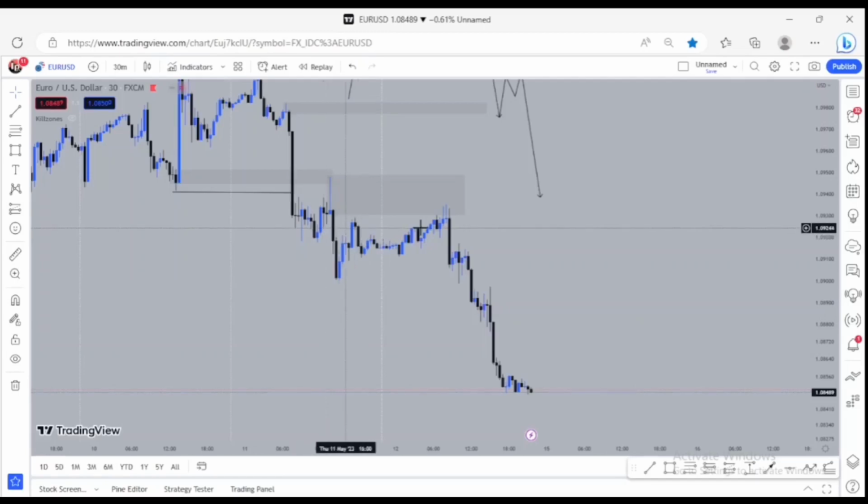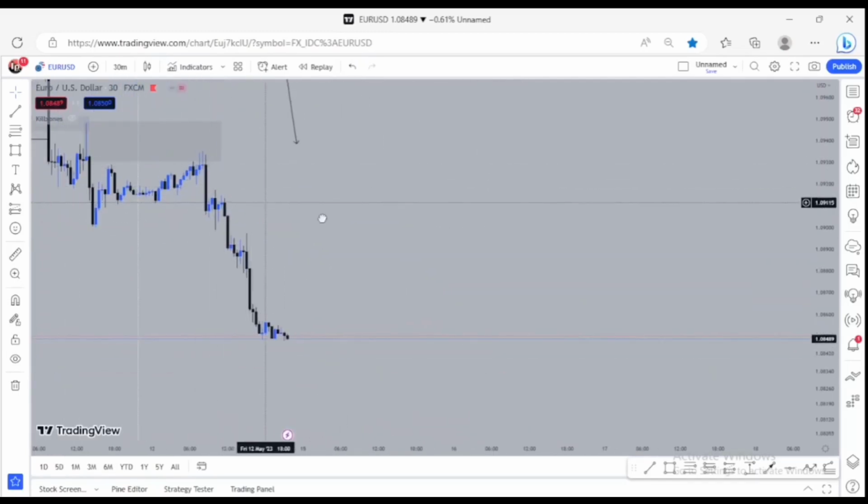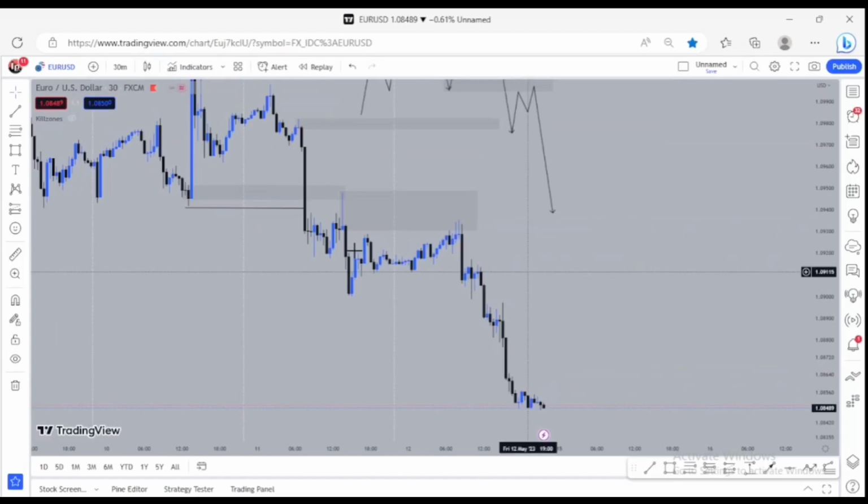So how do I know that this is liquidity? We see that this is also a reversal candlestick called a Harami candle. This is kind of a fake signal that some people also want to trade from, because if you don't understand supply and demand in depth, you'll be trading from a wrong zone.